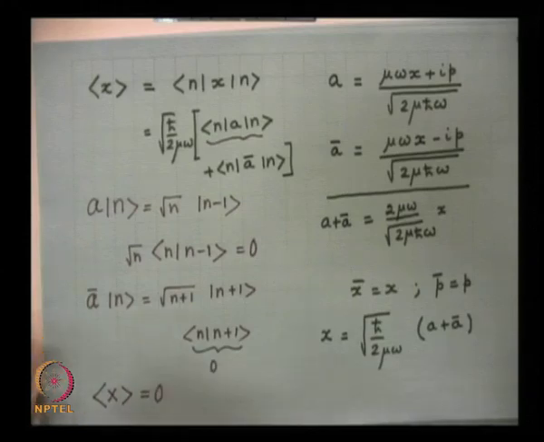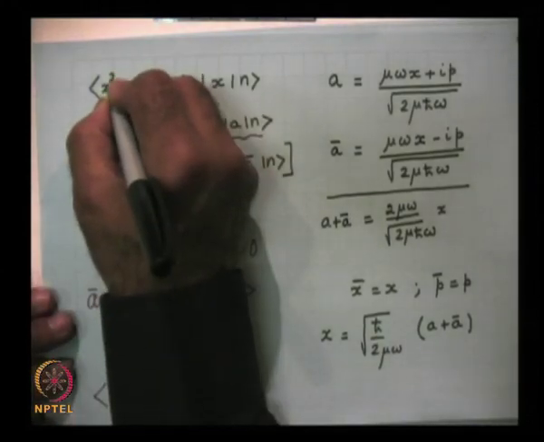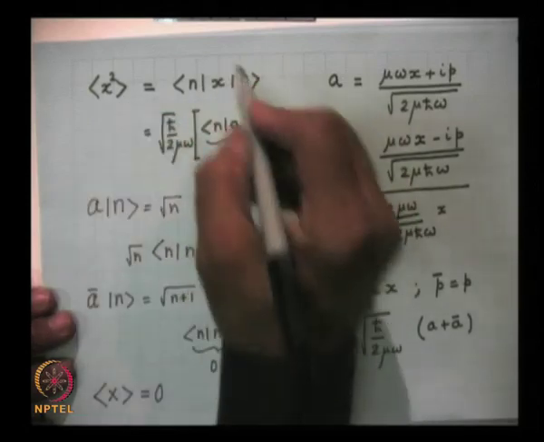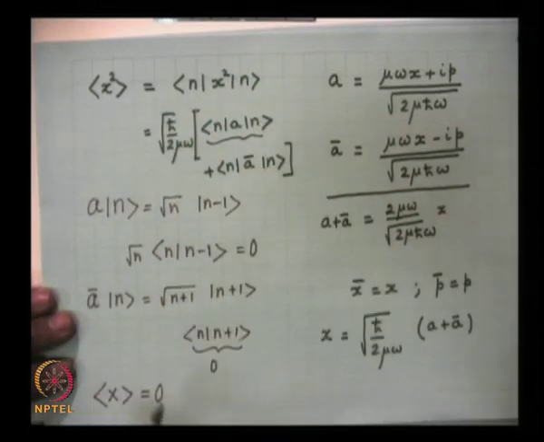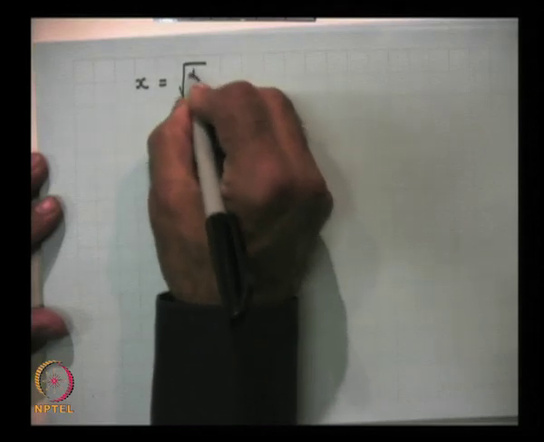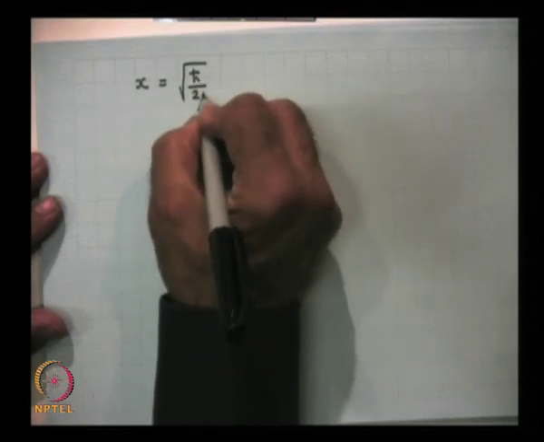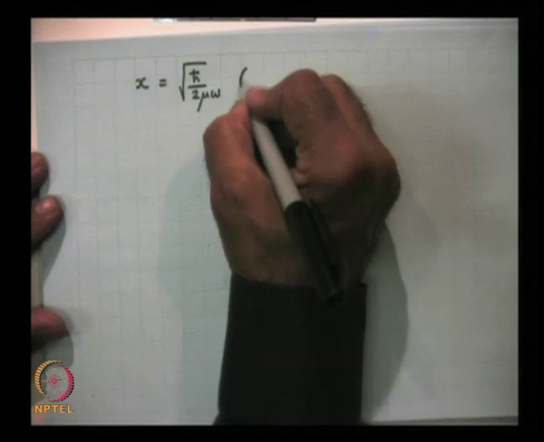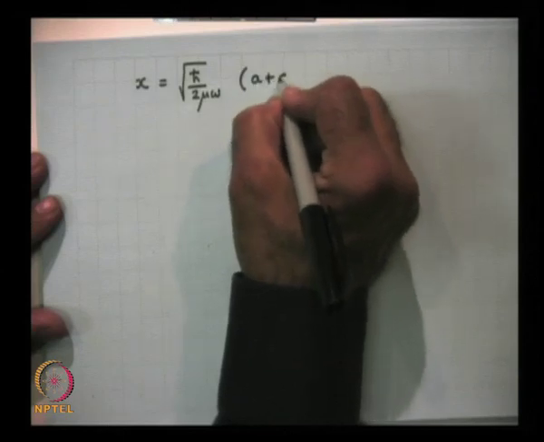Let me calculate x square. So, what is x square? X times x. So, let me write down the expression for x. This is equal to square root of h cross by 2 mu omega, a plus a bar.